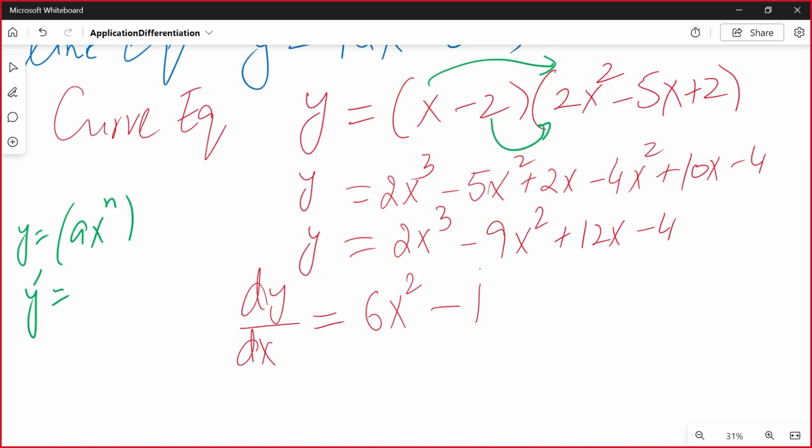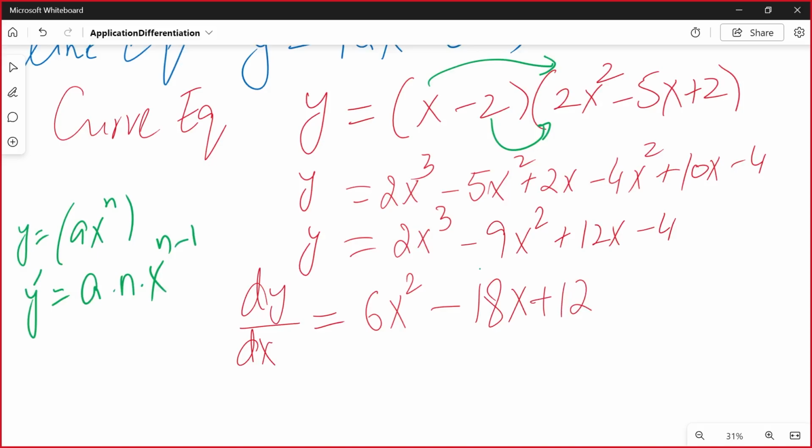It is a times n times x to the power n minus 1. You remember that? And here it is minus 9, and if I bring the power down, it becomes 2. So it becomes minus 18x. So it's minus 18, not plus 18. You get that from this formula? And plus 12.